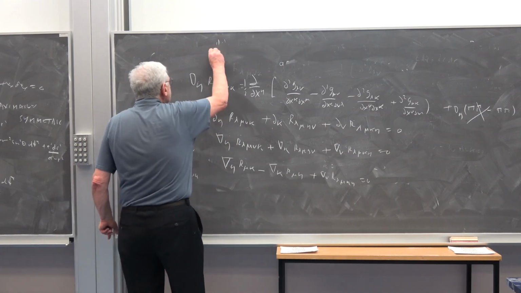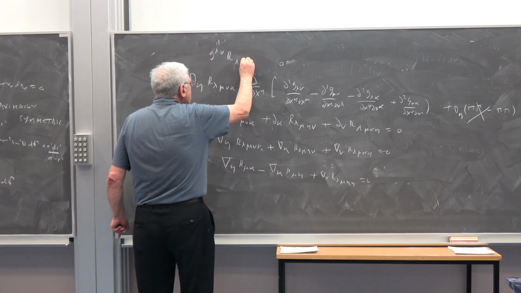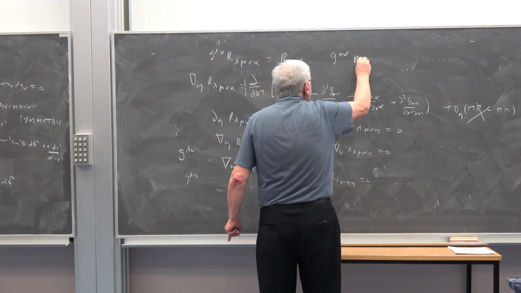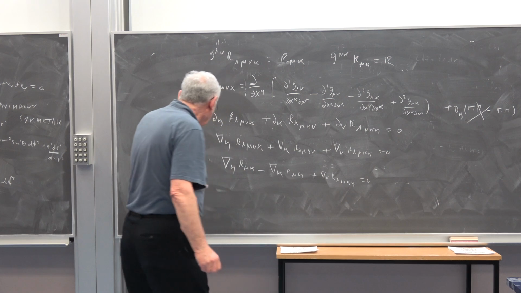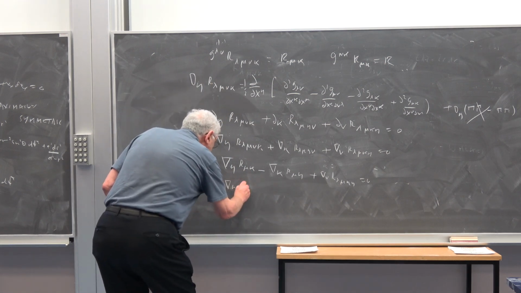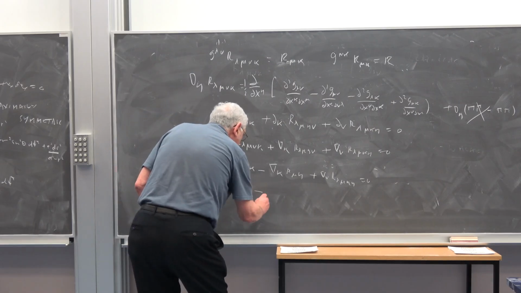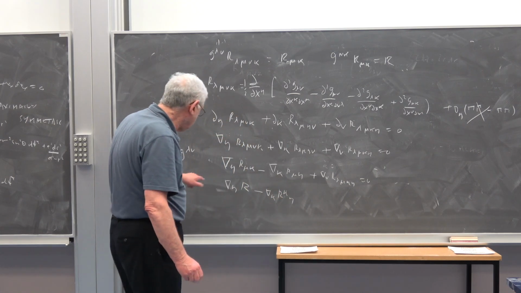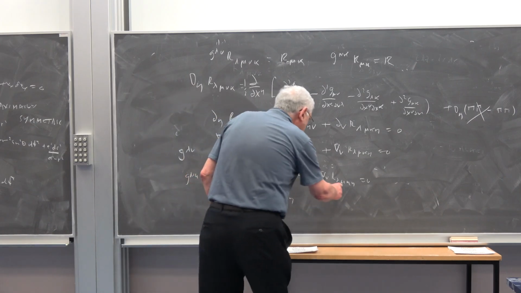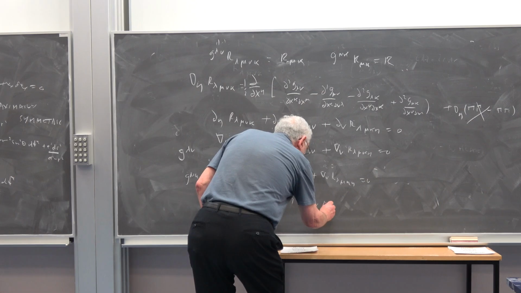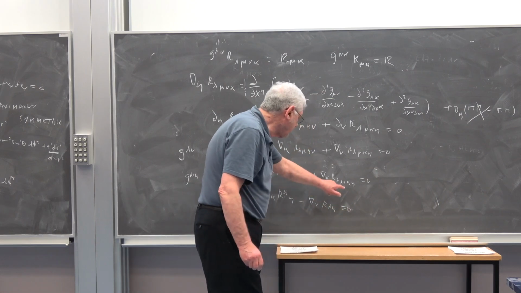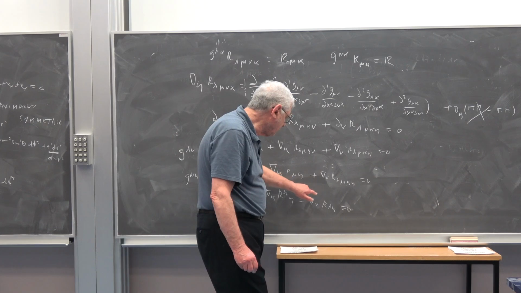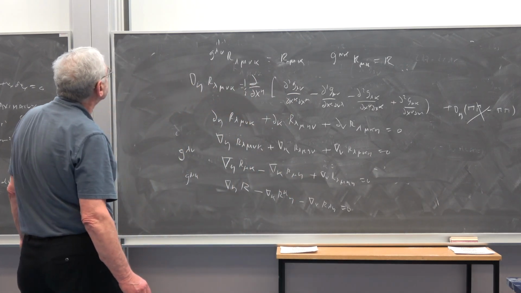Let me just remind you, g lambda nu R lambda mu nu kappa is called R mu kappa, and g mu kappa R mu kappa is called the Ricci scalar R. So I'm now contracting with g mu kappa, so I get grad eta R minus grad kappa R kappa eta, because the g mu kappa will raise that index, and then here the mu kappa is going to be minus grad nu R lambda eta equals 0, because I have to swap over the kappa with the eta to get them in the right place, but that gives me a minus sign because it was antisymmetric, and now I get that expression. Okay.